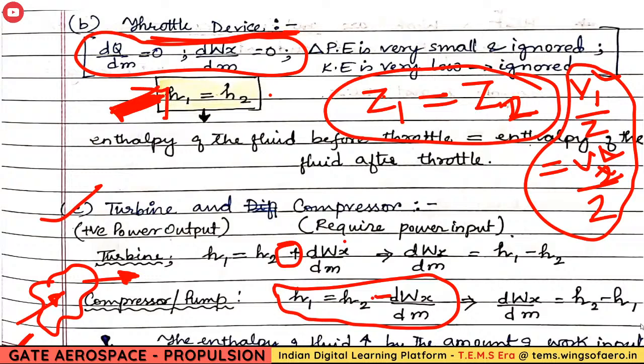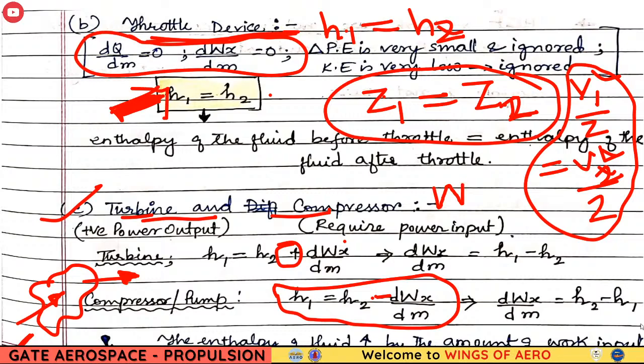Next, moving to the throttle. Remember the enthalpy entering into the system and leaving the system will be the same. Turbine and compressor are places where work will be taken into consideration. When we talk about turbine, it will be positive, and in compressor it will be negative.